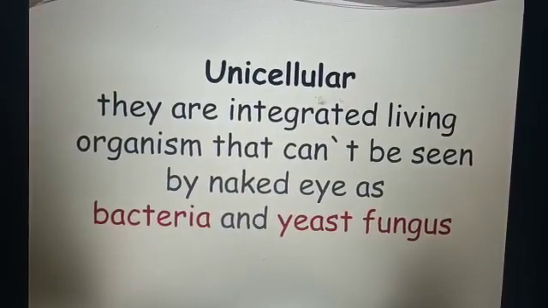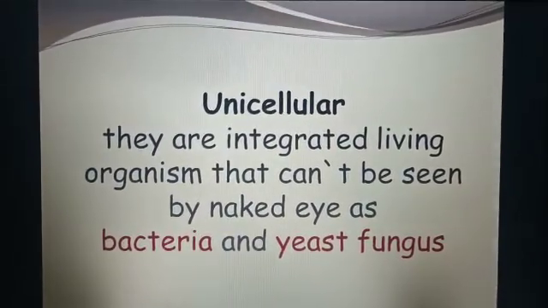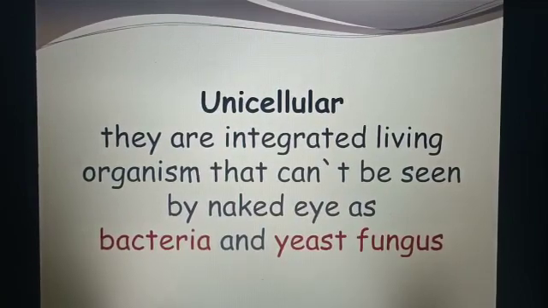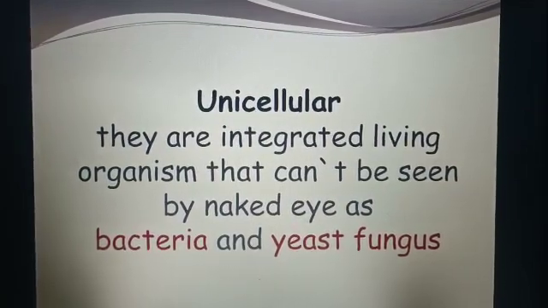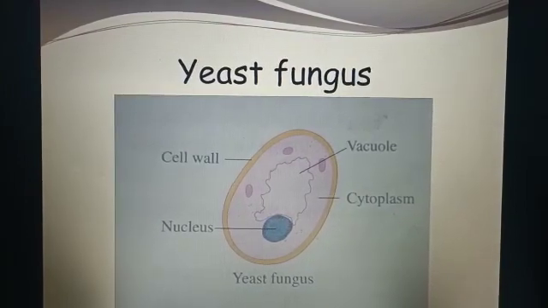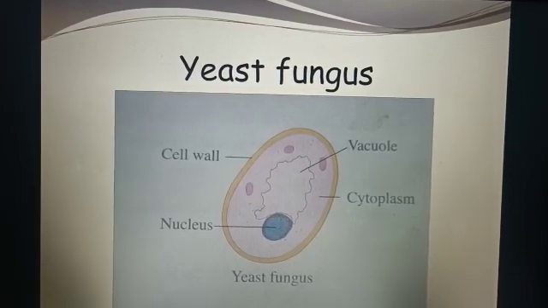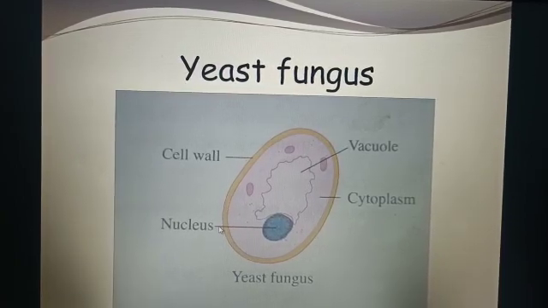Second, we will talk about the unicellular. There are living organisms that can't be seen by the naked eye, like bacteria and yeast fungus. What is the yeast fungus? It's a unicellular living organism, and it consists of cell wall, vacuole, cytoplasm, and nucleus.